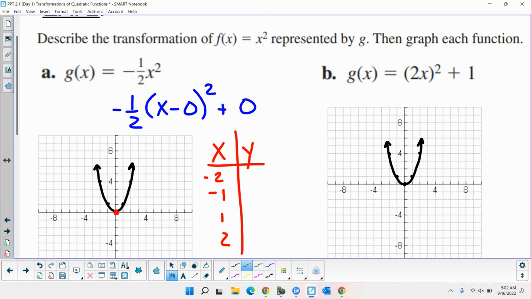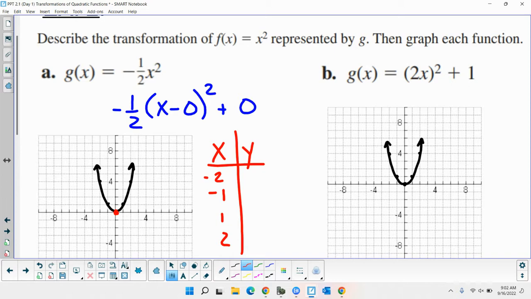So what's negative 2 when I square it? Preston. Negative 2 times negative 2, right, positive 4. Good. What's negative 1/2 of 4? Half of 4 is what? 2, but negative makes it negative 2.